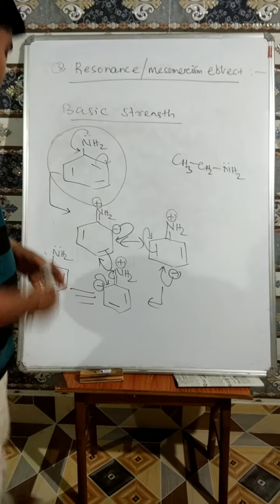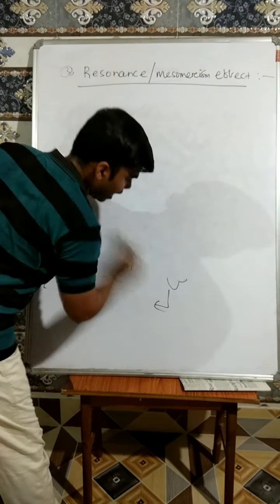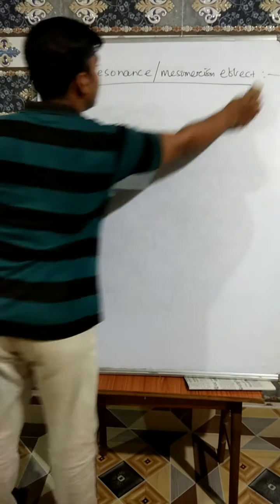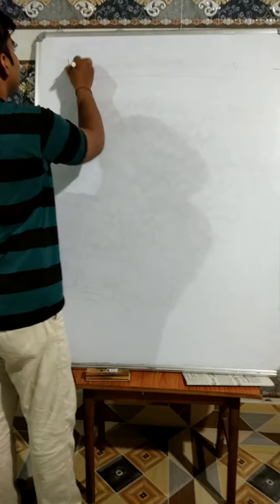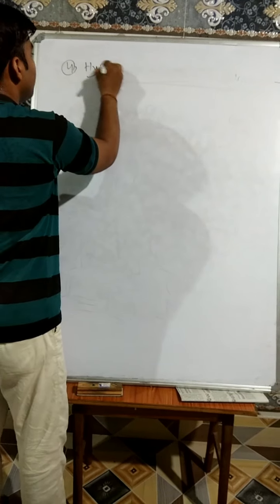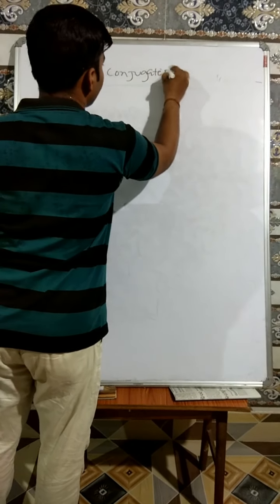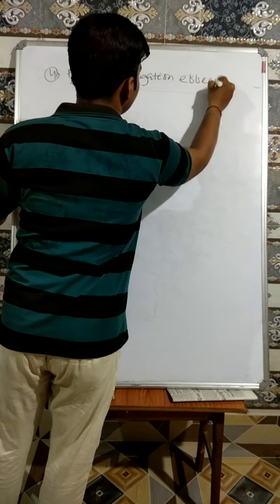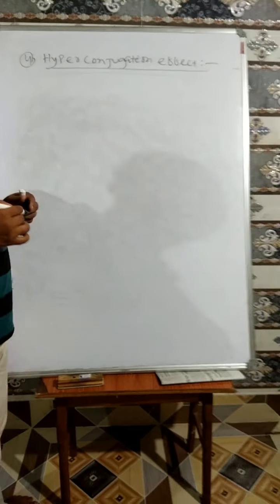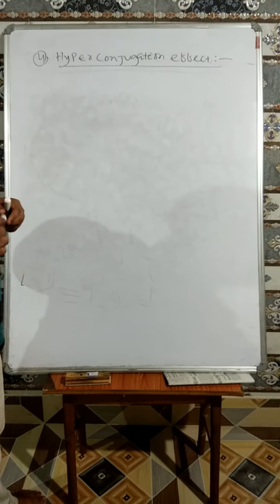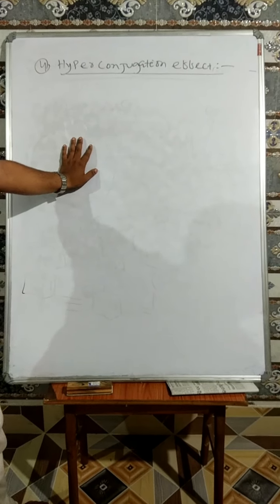Now the last electron displacement mechanism, that effect is hyperconjugation effect. Before going to that, I must say hyperconjugation effect involves only the delocalization of sigma electrons.